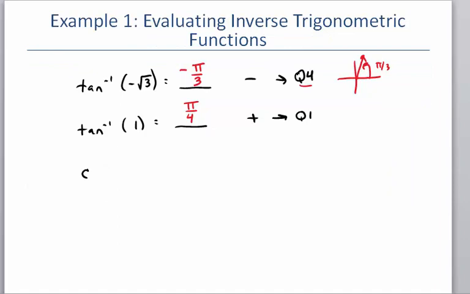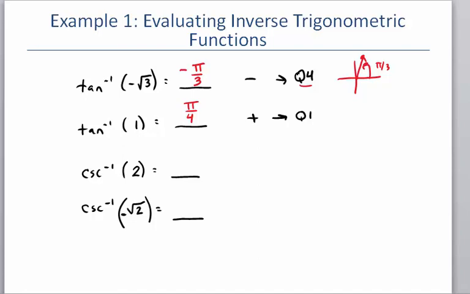So let's say that we're looking at cosecant inverse of 2. And let's say that we're looking at cosecant inverse of negative square root of 2.